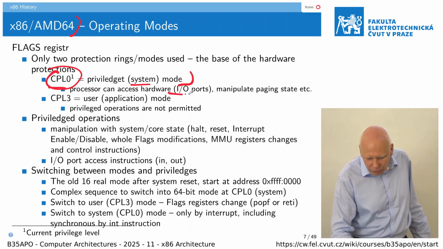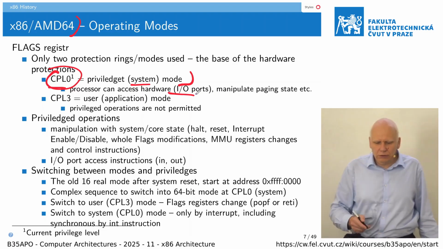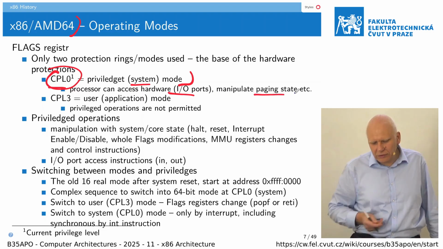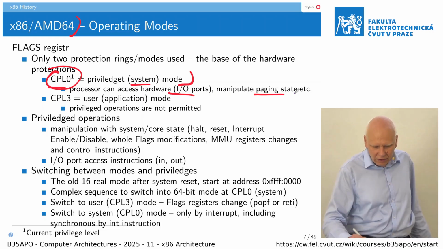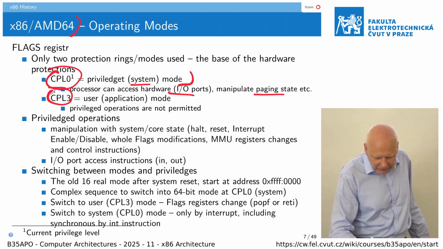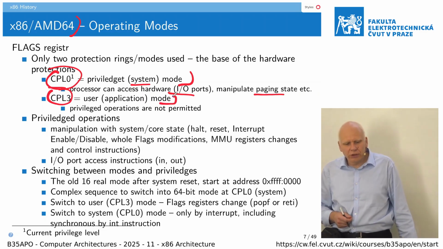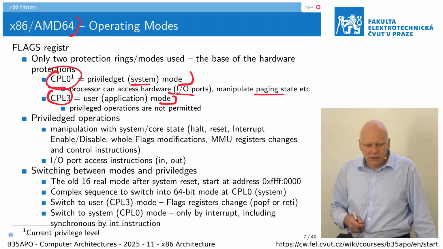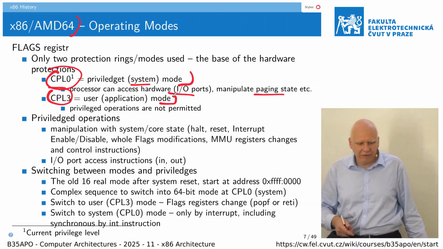In this mode you can access the whole hardware, I/O ports, and you can manipulate the paging state and so on. Then there is CPL3, which is user mode, which cannot modify the page tables and access the peripherals and so on.